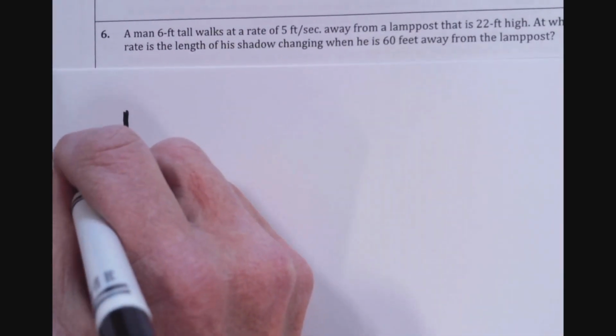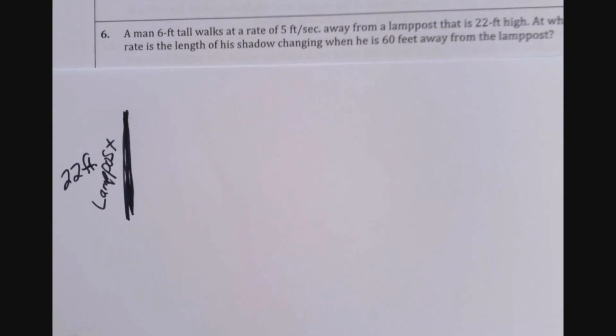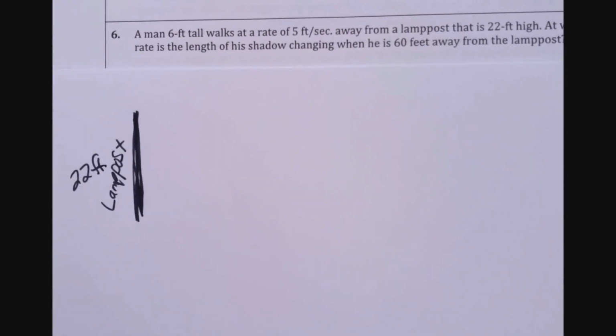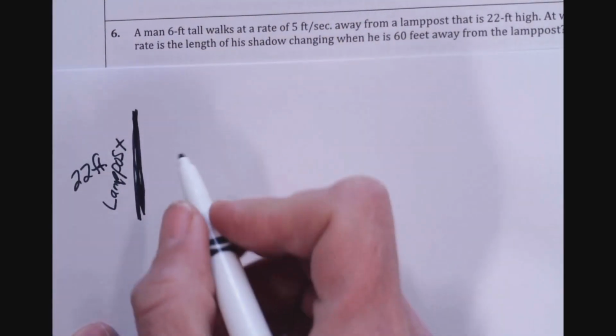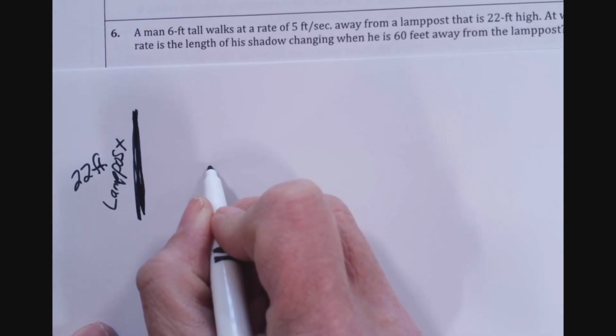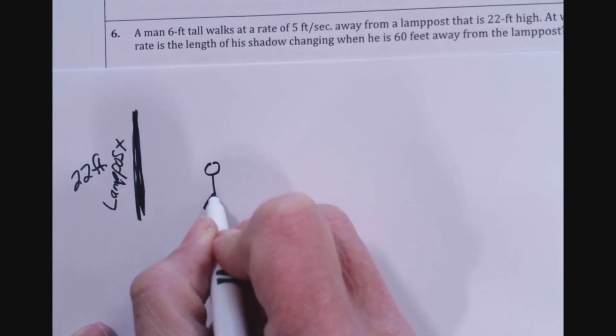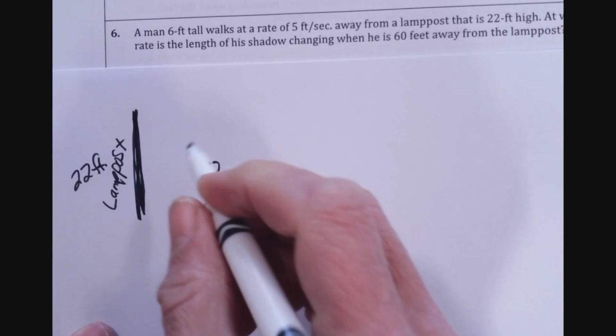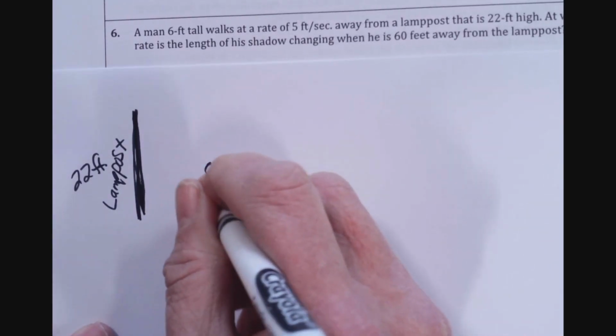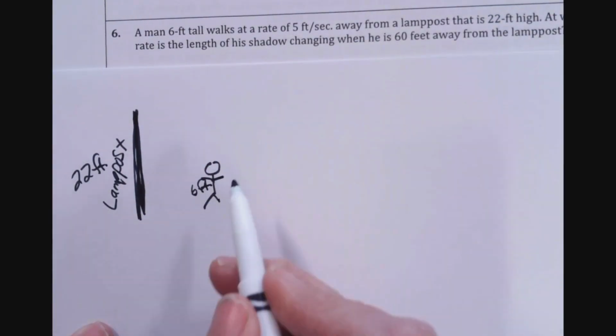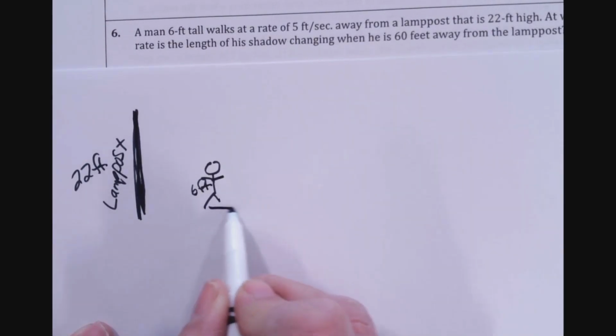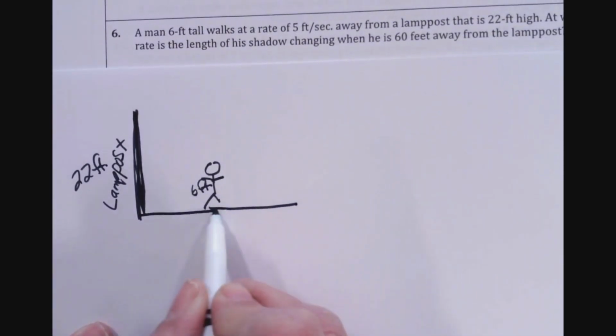So this is a 22 feet high lamppost. And let's see, we have this man that's 6 foot tall. And he's walking away from the lamppost.